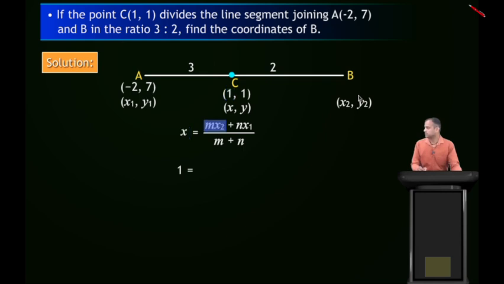So it is 1 equals (3x2 plus 2 into minus 2) upon (3 plus 2).